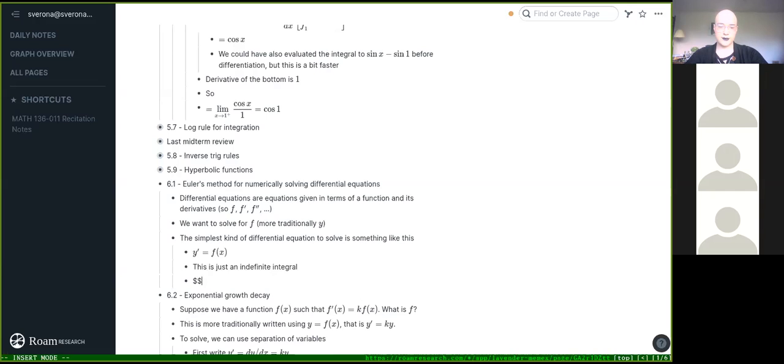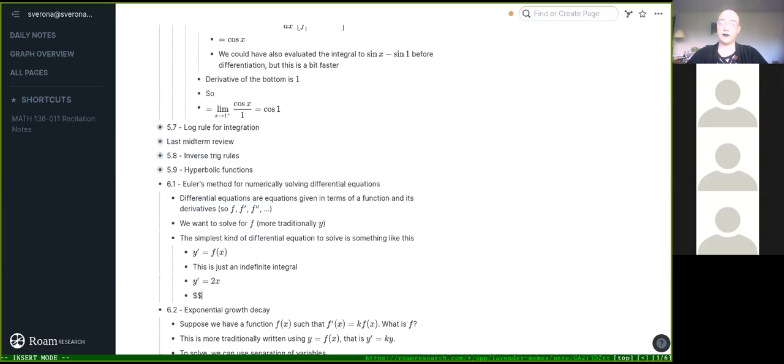So for instance, if I have y prime equals, I don't know, 2x, then there's maybe a little bit more visual way of saying that this is just taking a derivative.